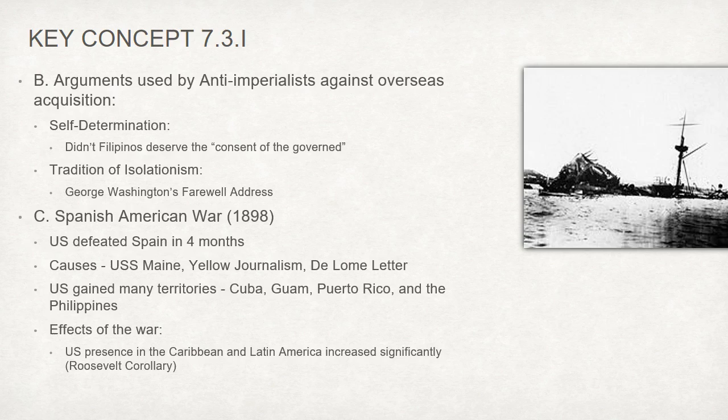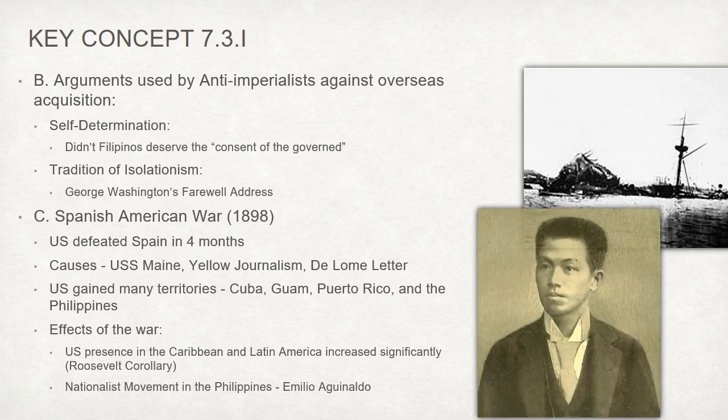And the Roosevelt corollary, Teddy Roosevelt we're talking about here, is an addition to the Monroe Doctrine. The Monroe Doctrine says this is our hemisphere and Europeans should stay out. The Roosevelt corollary adds on to that and says that the United States is in charge of protecting all peoples in the hemisphere. Interesting one.